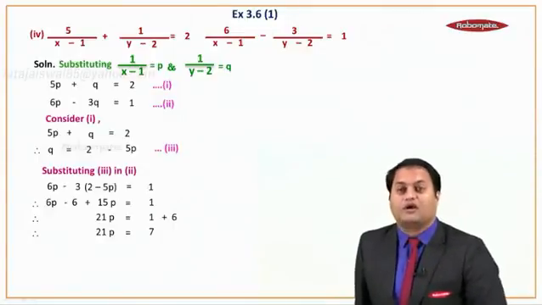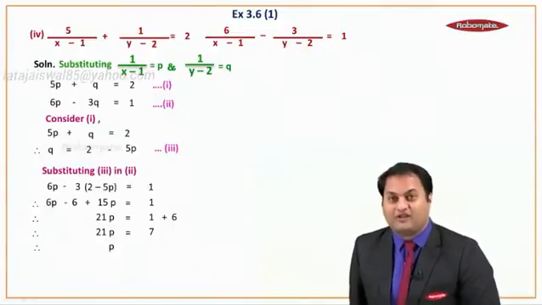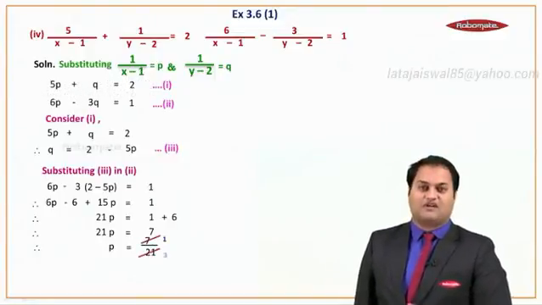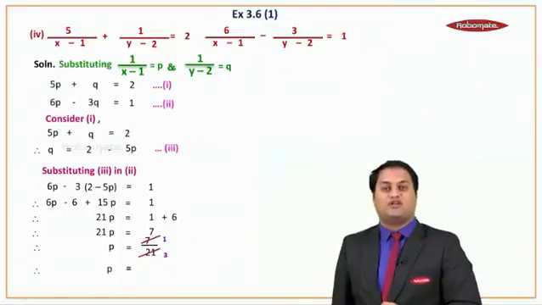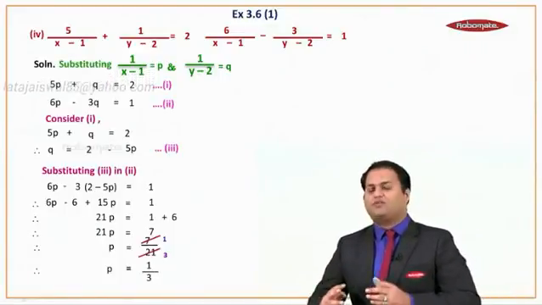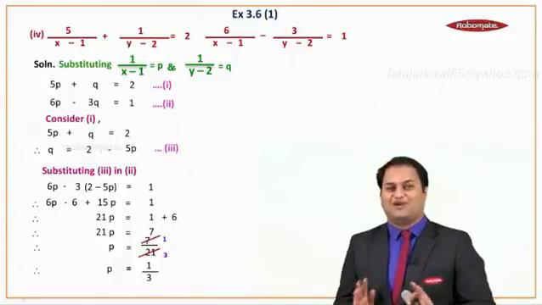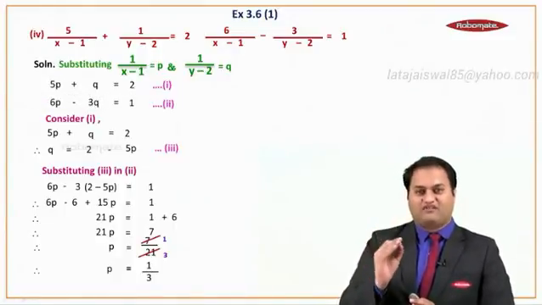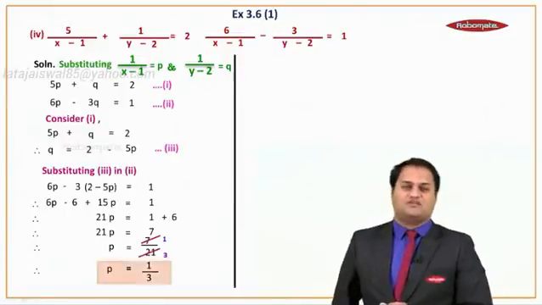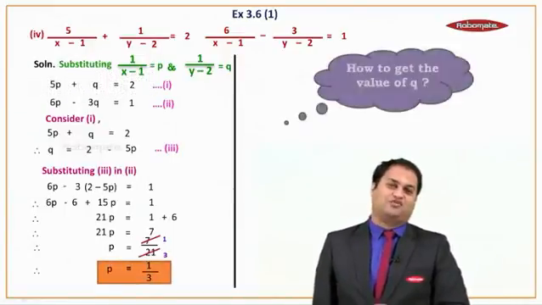Look carefully. 21p is equal to 7, then p is equal to 7 upon 21. 7 ones are 7, 7 threes are 21. So p is not 3, p is 1 upon 3. Many students make this mistake. Once you get the value of p, is the sum over? No, we are still to find the value of q.